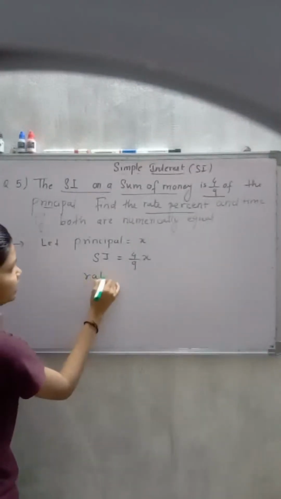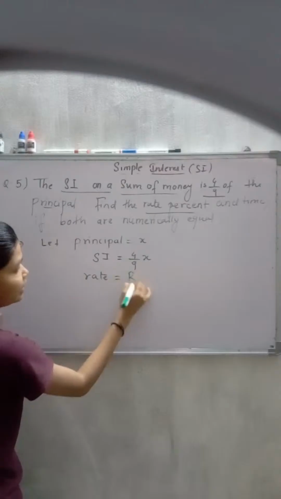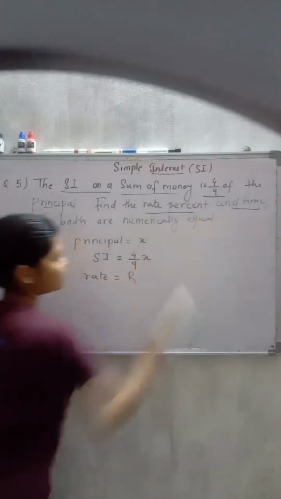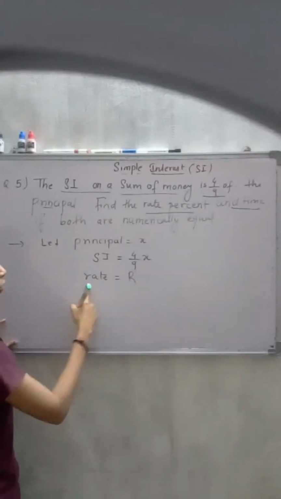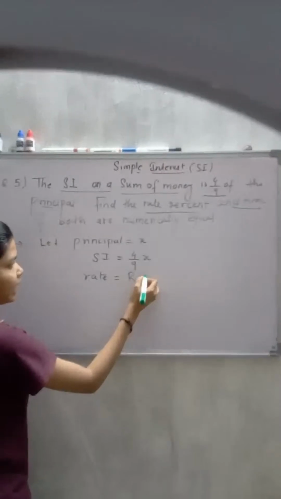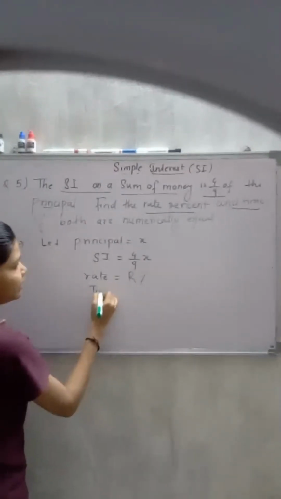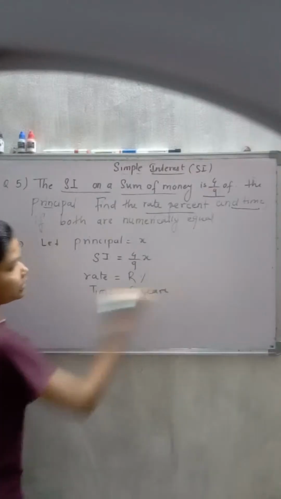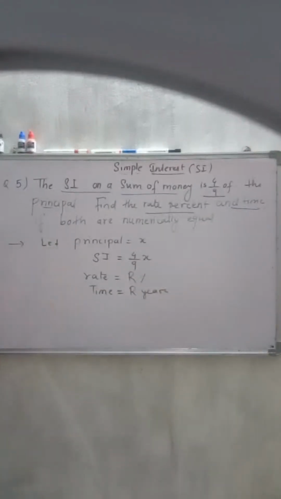Let the rate of interest be R, and both are equal. Time and rate of interest both are equal. So if we assume rate as R percent, then time also R in years. They both are numerically equal.